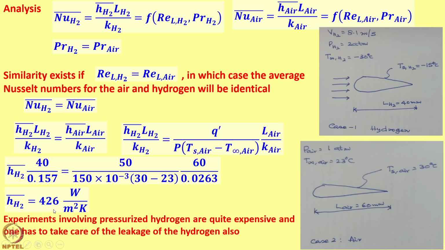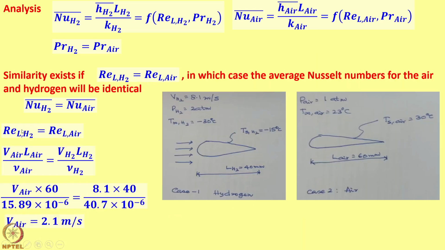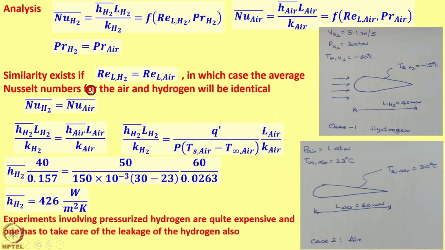Now with this V air, if you do the experiment at that V air, that is 15.89, at a heat flux per unit length of 50 watt per meter squared Kelvin, the temperature of the surface is 30 and the fluid is 23 degrees Celsius. If you substitute, the Nusselt numbers have to be same. If Prandtl number is same and Reynolds number is same, then the Nusselt number has to be same.